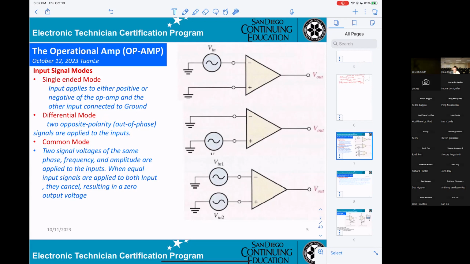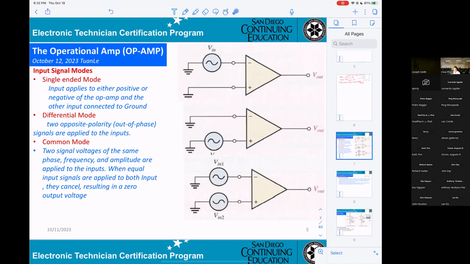That's very important. Common mode: two signal voltages of the same phase, same frequency, and the same amplitude applied to the input. When equal input signals are applied to both inputs, they cancel, resulting in a zero output voltage. So basically, the differential amplifier here only amplifies your signal.